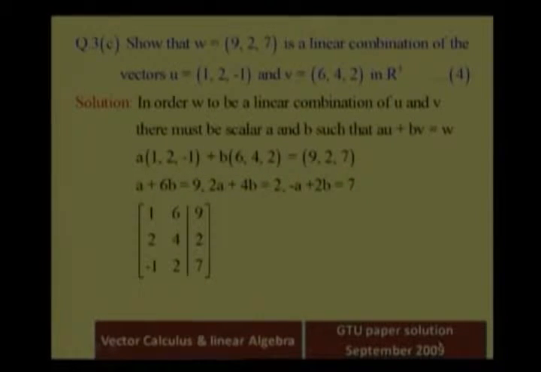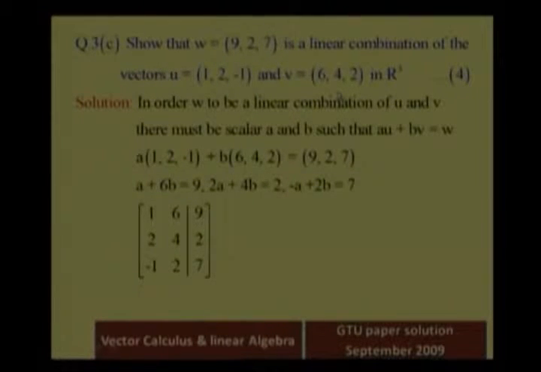Question 3c. Show that W = (9, 2, 7) is a linear combination of the vectors U = (1, 2, -1) and V = (6, 4, 2) in R3.